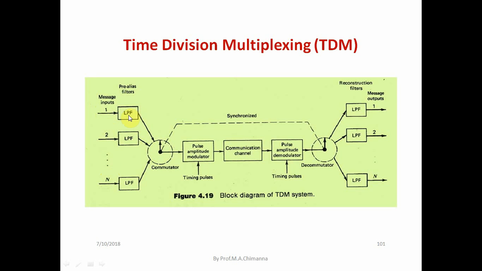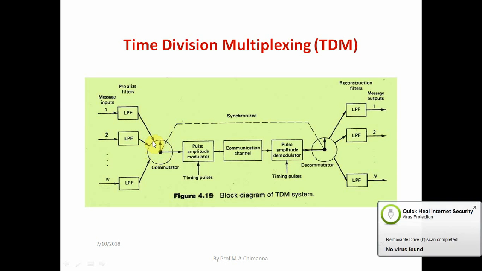After applying the input messages to the low pass filters, all the messages go to the commutator. Here is the commutator, which selects one by one the message signals from low pass filters 1, 2, 3, 4 up to n, and applies them to the pulse amplitude modulator.